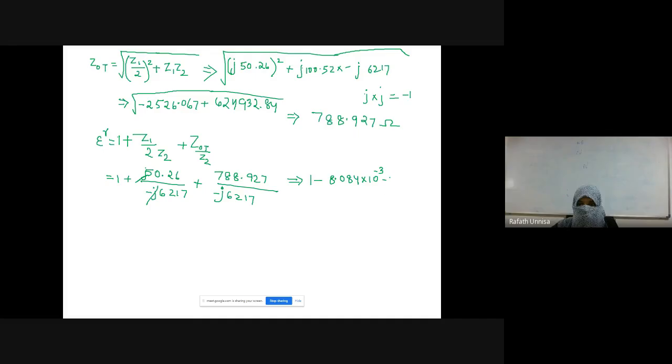And here I will have the J term, 788.927 divided by 6217. Since it is in rectangular form, I am supposed to convert it into polar form. So kindly convert it into polar form and then perform the division. What is the polar form?